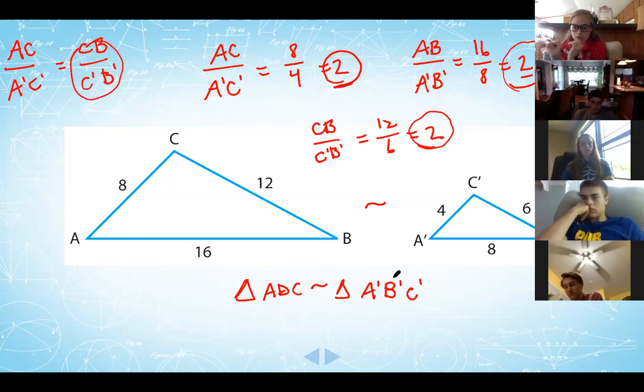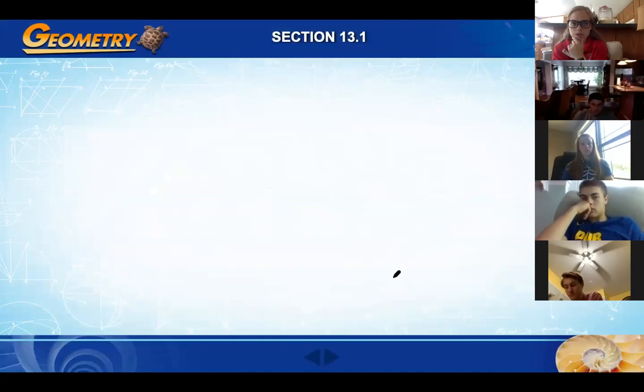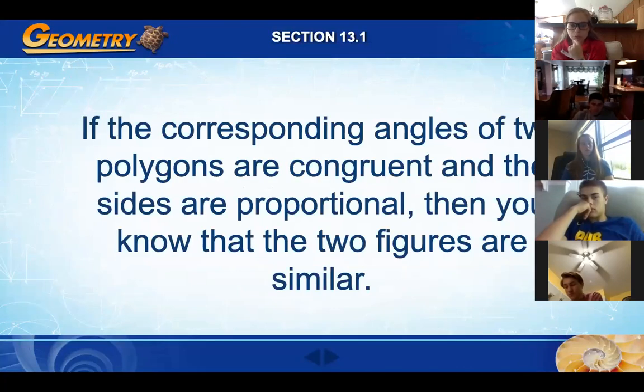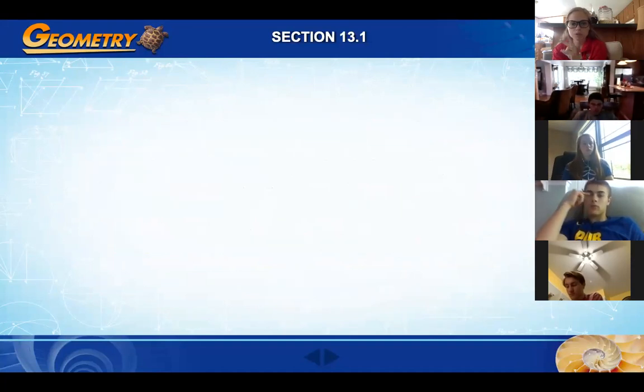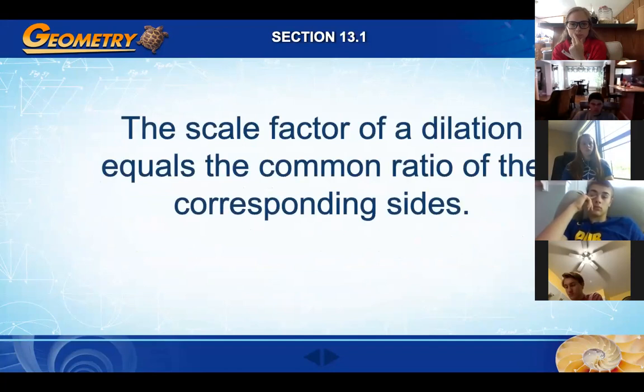If corresponding angles are congruent and sides are proportional, then you've got similar triangles. So it works vice versa.